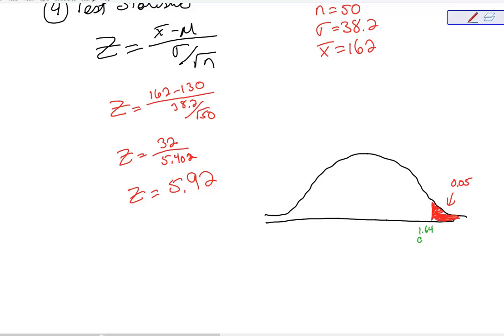That was our critical value. Now we have this test value of 5.92, and I want to put that over here on this chart. One thing that we need to remember is that 0 is here, so 5.92 is going to be way down here in this area over here. So 5.92 is way down here.